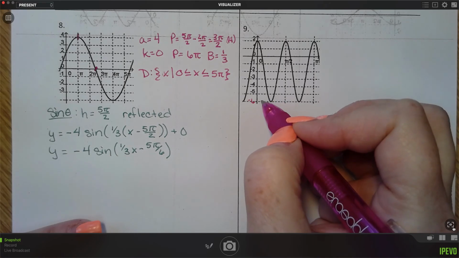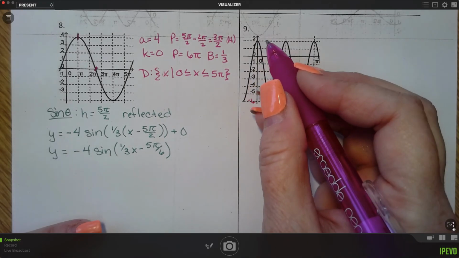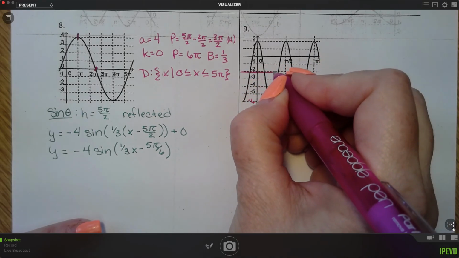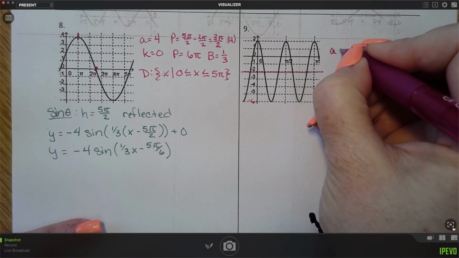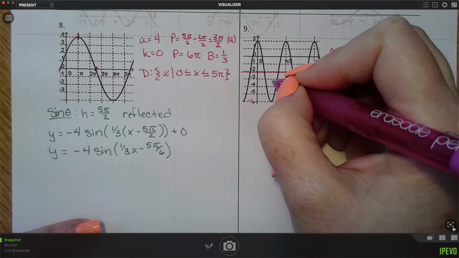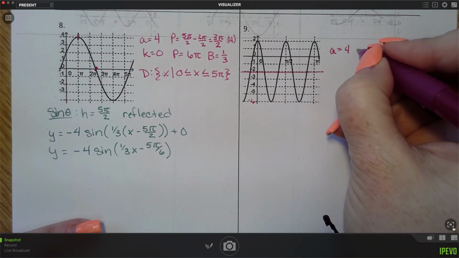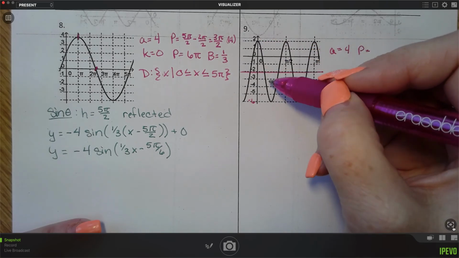And so we go 1, 2, 3, 4, 5, 6, 7, 8. So -2. So -2 is my middle, right? So the amp, yes, that will be K. A is what? 4. Period. Yes, pi over 2.